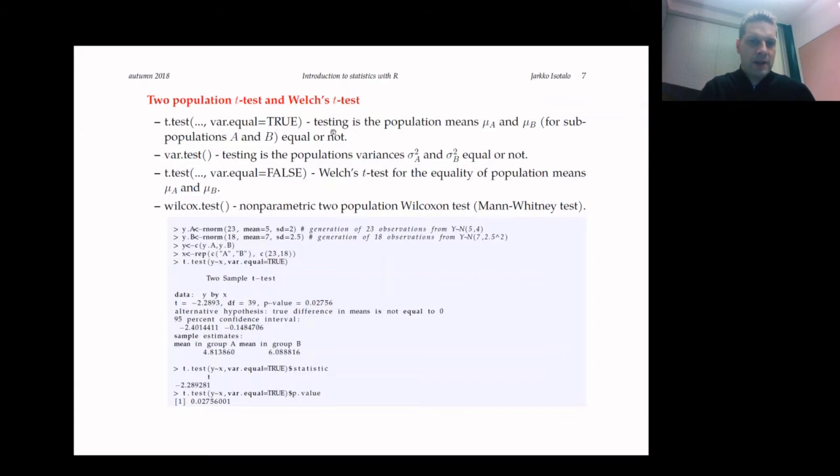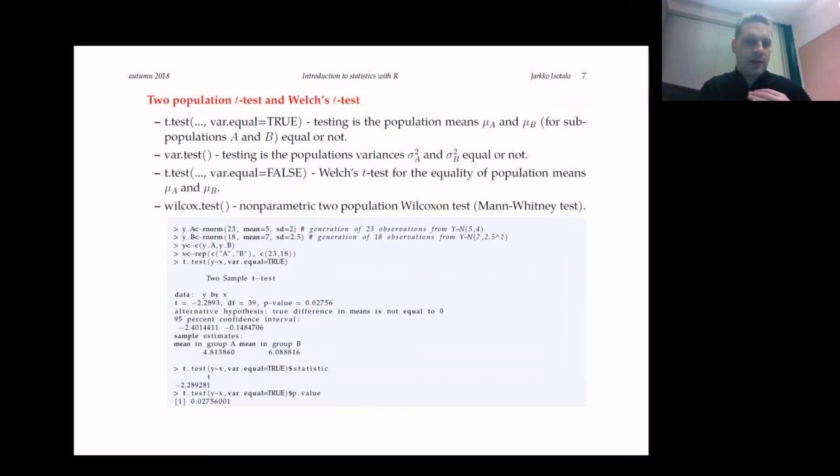Then all these things we have talked about here are related to the normal distribution, so we assume when we are doing the t-test or Welch t-test that this random variable y in both of these subpopulations A and B should follow a normal distribution.